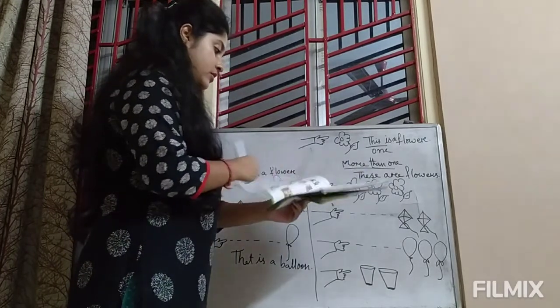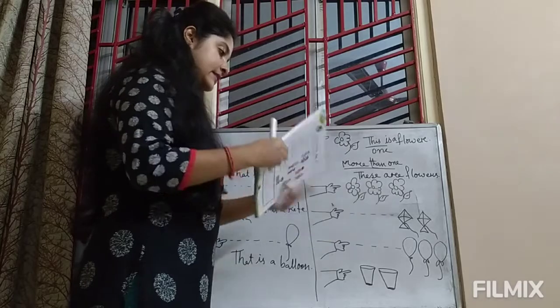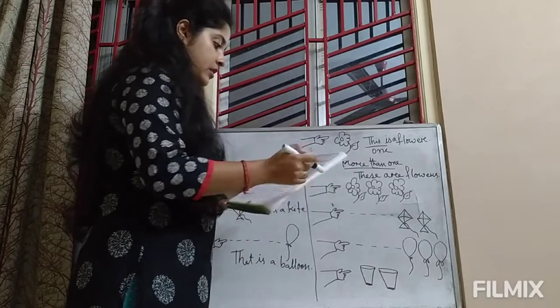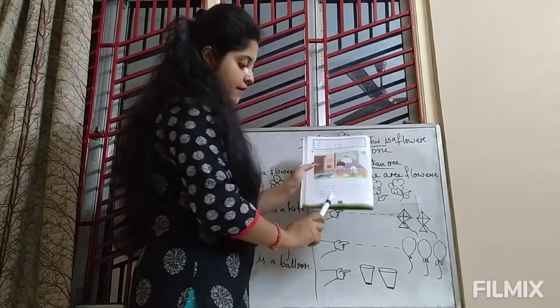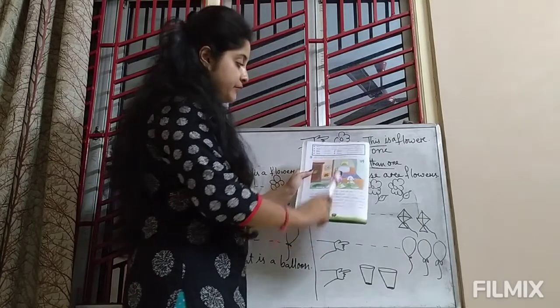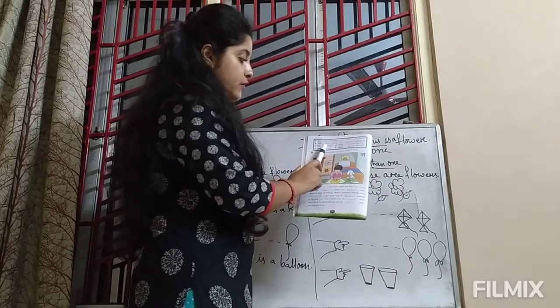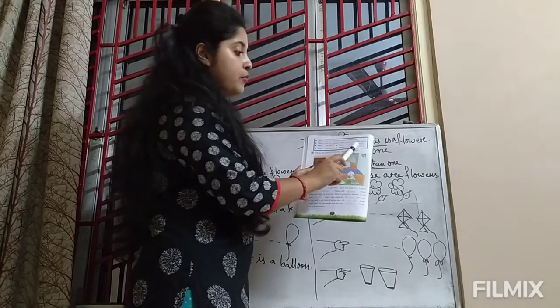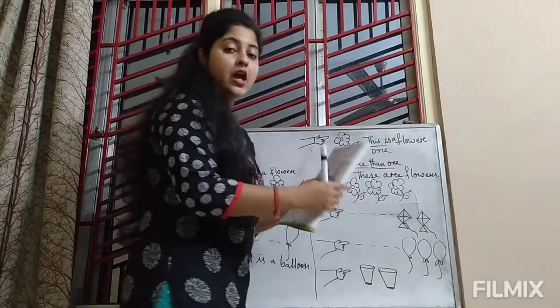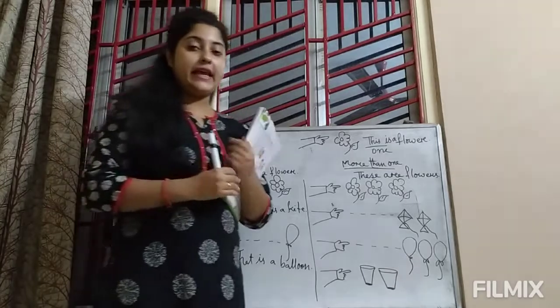Now here you can see these examples. Yes, look at this box on page number 28. This for one and these for more than one. Okay, I am saying it again.